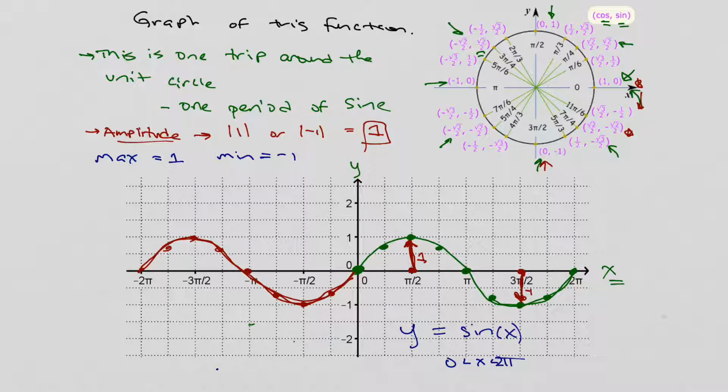So really, all these coterminals that we've been making, where we keep on adding 2 pi or subtracting 2 pi, what that does is it takes this one period of the sine function that we've got right here, and it just copies it all the way down the x-axis and all the way up the x-axis. So if we wanted a true picture of what sine looks like, we could draw a long old x-axis.